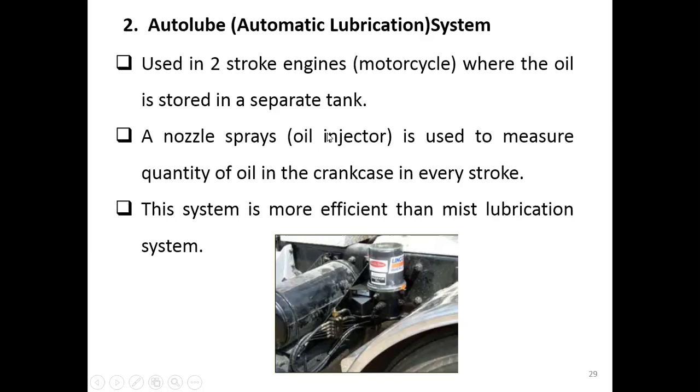This is used to measure the amount of oil injected in the crankcase in every engine stroke. So we use a nozzle spray or the oil injector to measure the amount of lubrication oil in the crankcase, and this system is more efficient than the mist lubrication system.